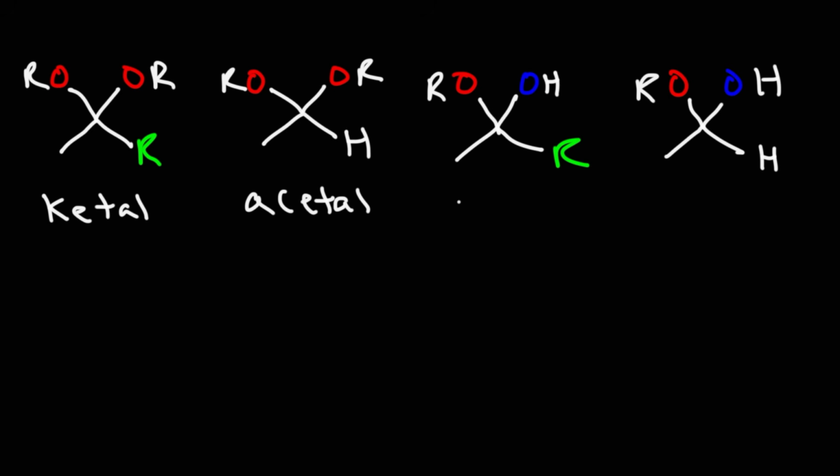So this is called a hemiketal. When I think of the word hemi, I think of hemisphere, half. So we have half of an alcohol group and half of an ether group. So it becomes a hemiketal. And this is a hemiacetal.